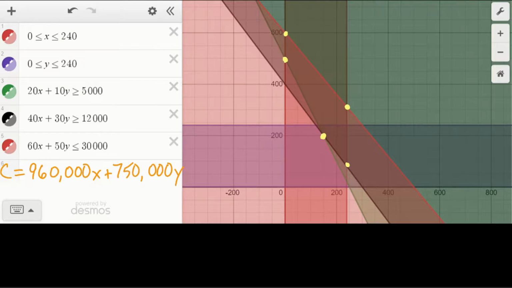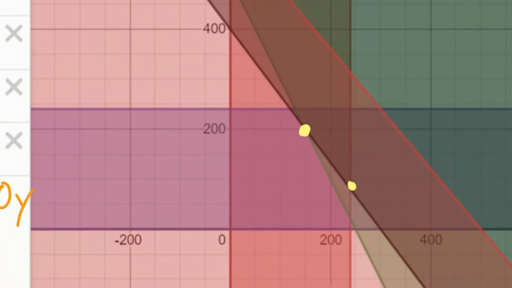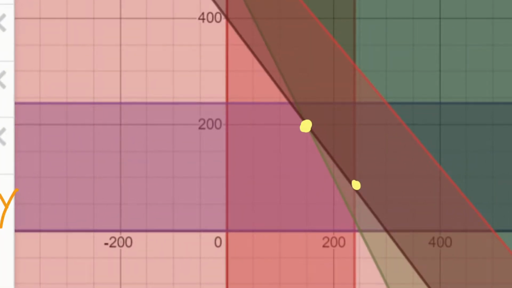Uh-oh, I hope you went and graphed that and said, wait, Mr. White Wolf, something's going on, because something was going on. These points are not part of the solution set. If we zoom in here, we can see that these points are the solution set. So it's a good thing that I took that time to graph those. I went and graphed them myself just now.